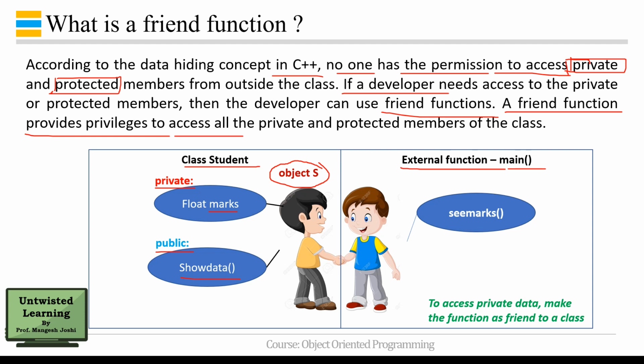Suppose the function name is cmarks, which is declared and defined in the main section. In that case you have to make the cmarks function a friend to this class. To access private data, make the function a friend to a class. So this is the basic theory behind the friend function.